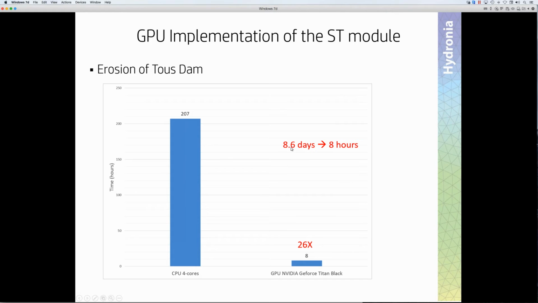And 8 days or more is very common with the typical CPU version. With the GPU version, you get simulations reduced to 8 hours, and it turns out you reduce times from days to hours and from minutes to seconds, and so forth. So it's really impressive, the advantage of using the GPU version.